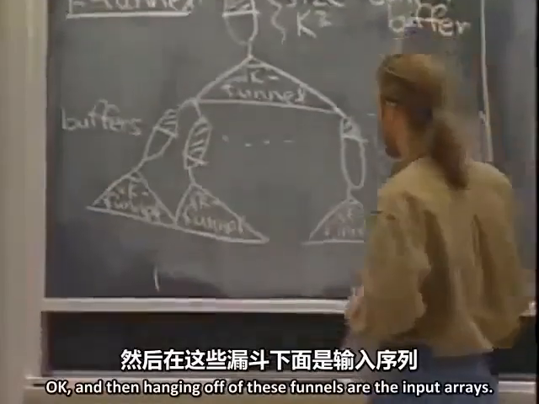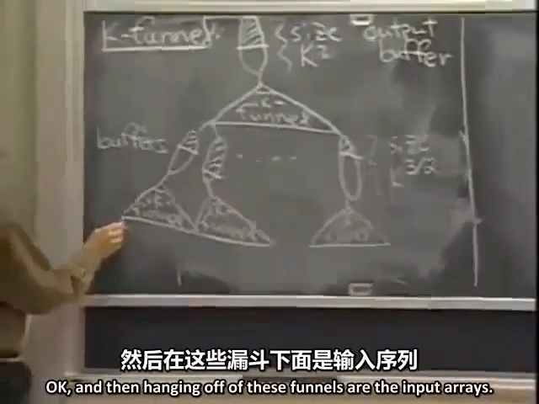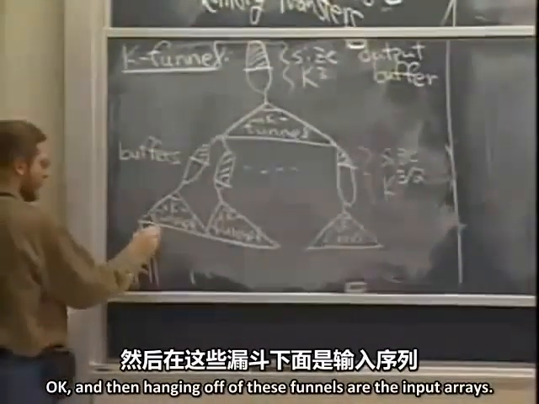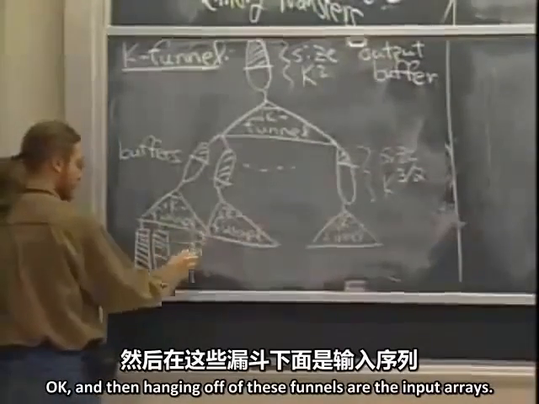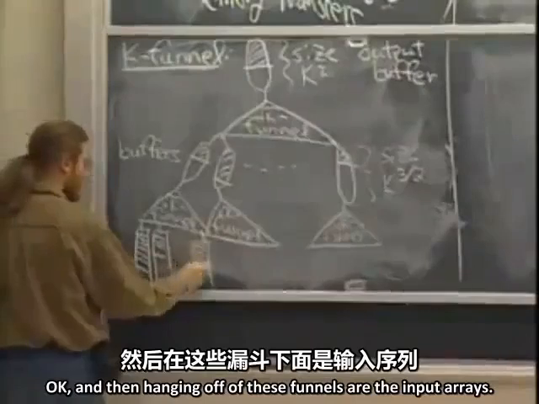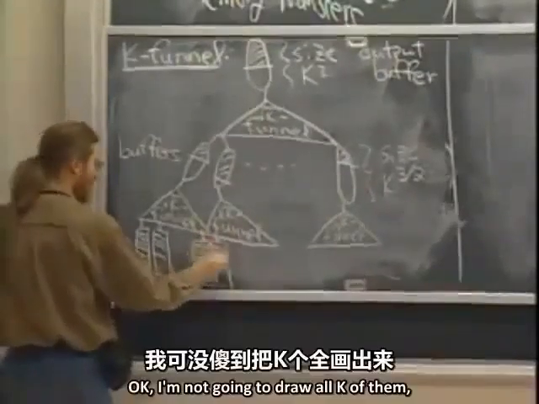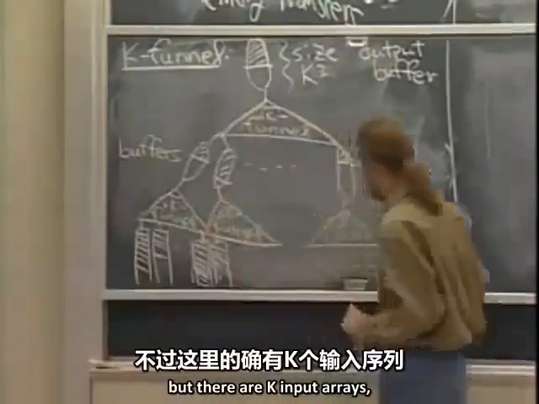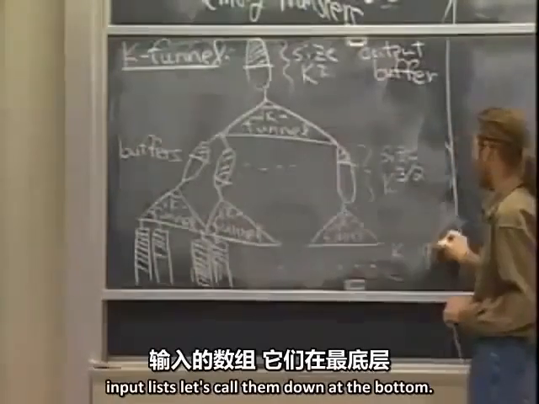And then hanging off of these funnels are the input arrays. I'm not going to draw all k of them, but there are k input lists, down at the bottom.